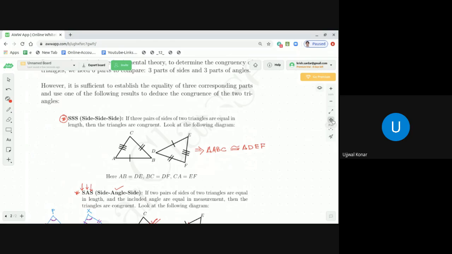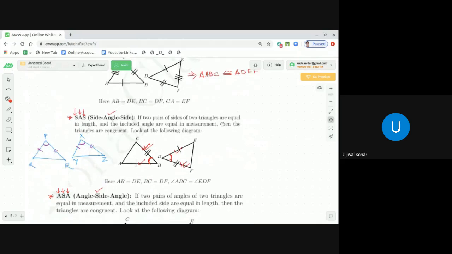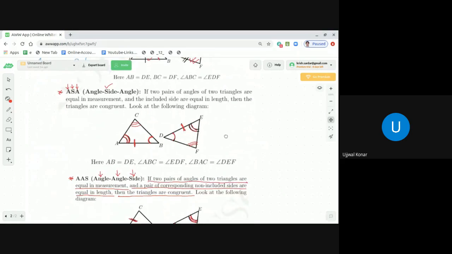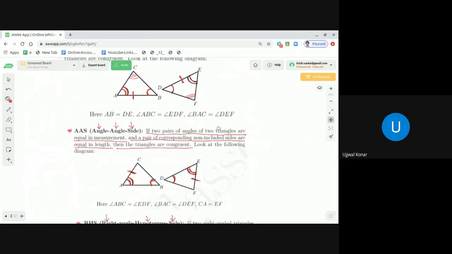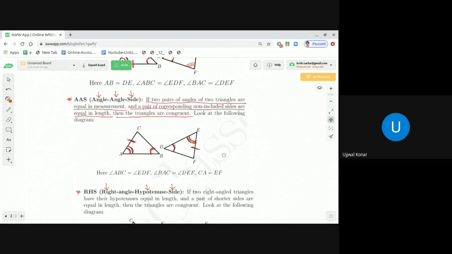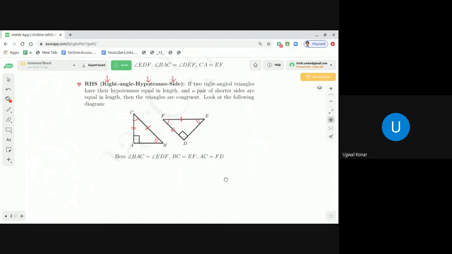After that, we observed SAS congruency, that is side angle side congruency. Then ASA congruency, that is angle side angle. Then AAS congruency, that is angle angle side. And then we discussed RHS, that is right angle hypotenuse side congruency.